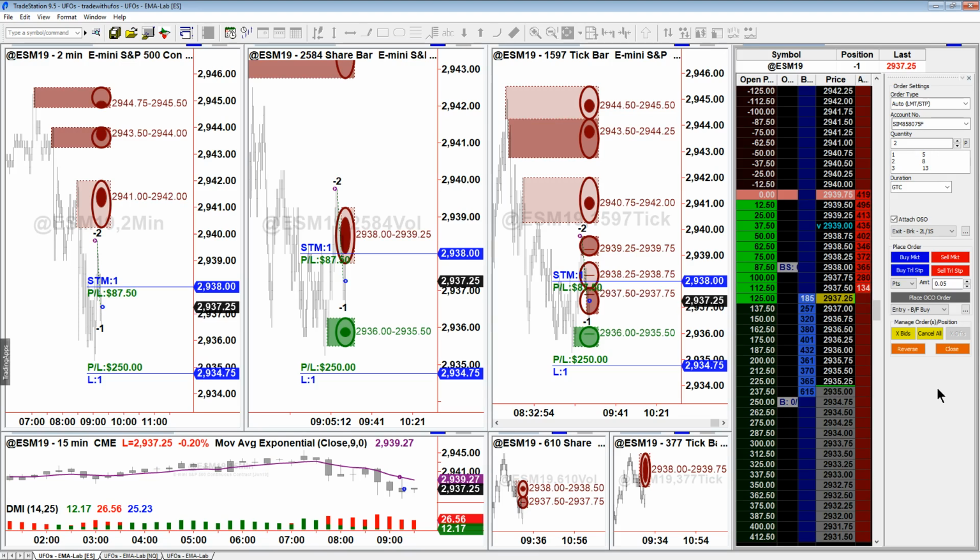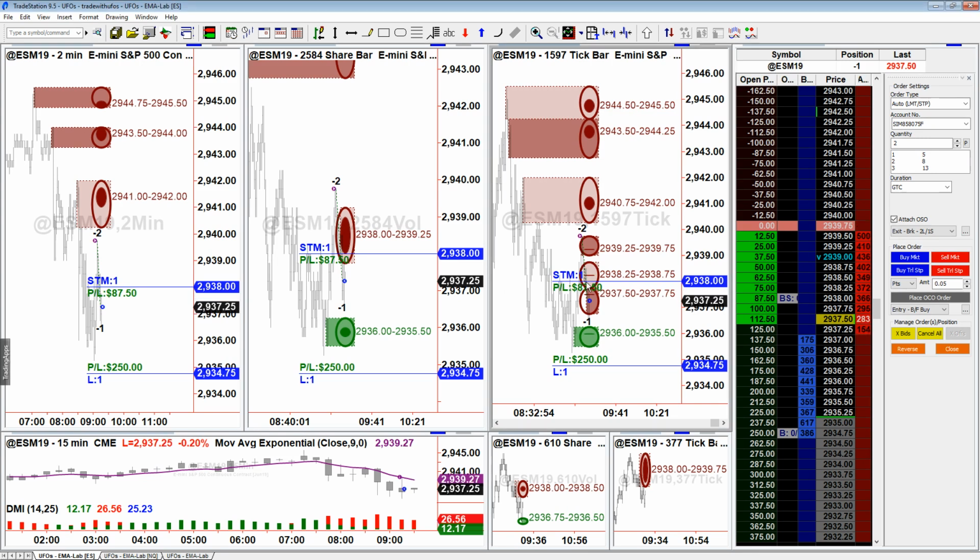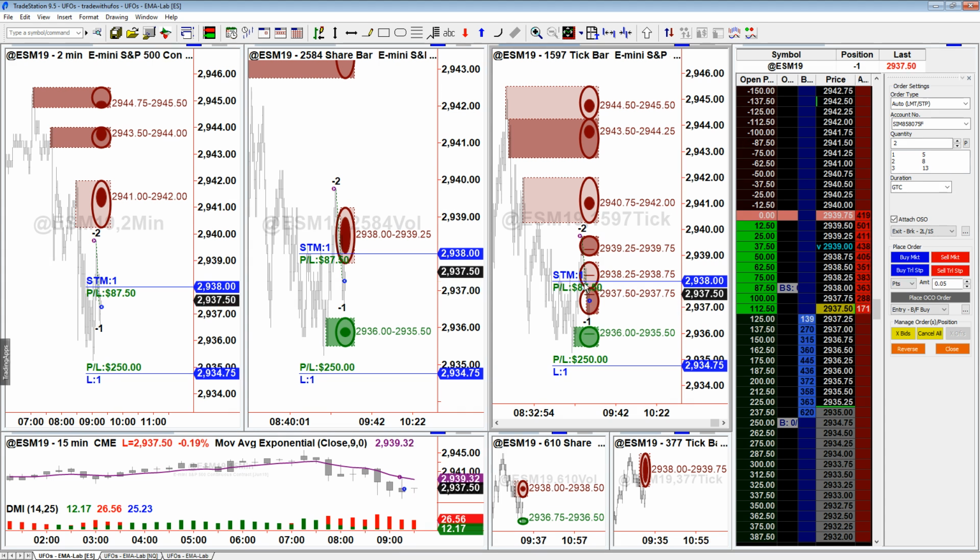I did talk about this on Sunday, where sometimes what happens is that you have multiple UFOs overlapping each other, such as currently, right? Those two UFOs on the right, okay? So let's pretend I had to take a trade, and maybe the whole thing is having me take too much risk, or let's say that the average is somewhere in between, and I don't want to miss the trade, okay?